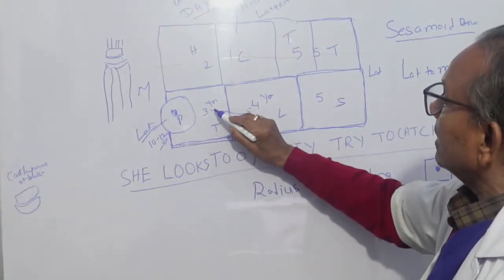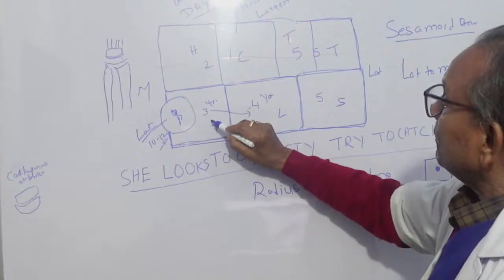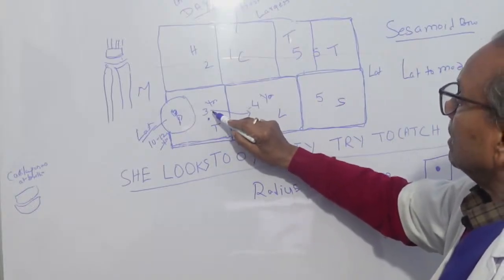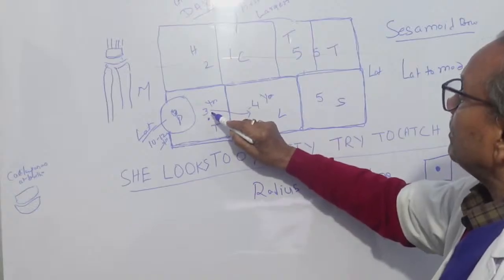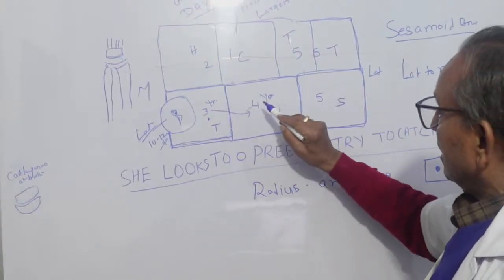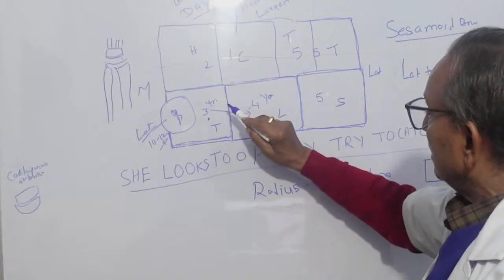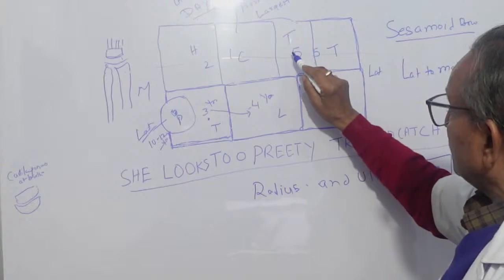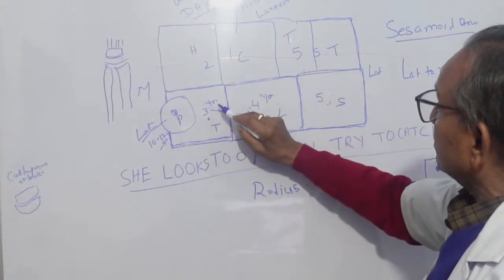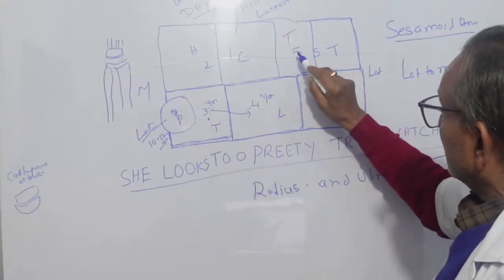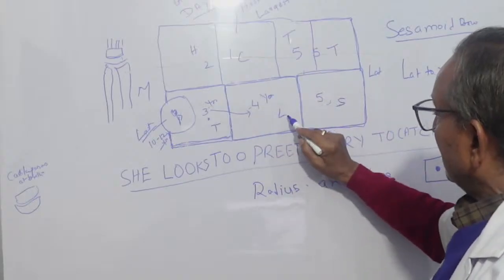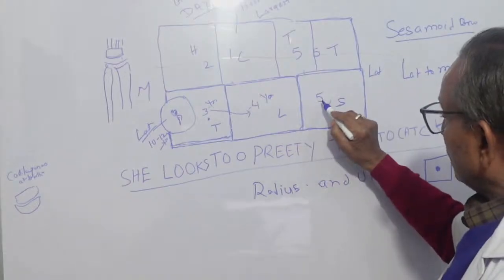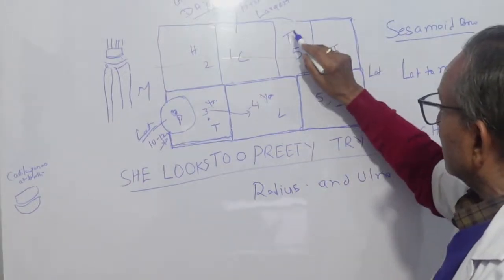Then at the third birthday, the ossification center will appear in triquetrum, trapezium, trapezoid. And at the fourth birthday you will find lunate, and at the fifth birthday you will find all three.